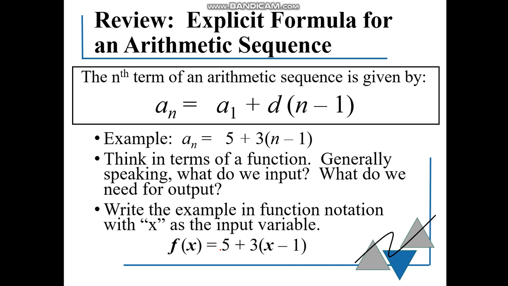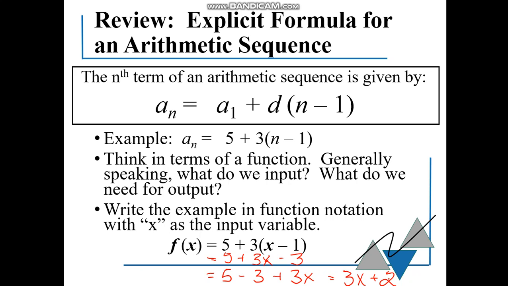If I want to get rid of the parentheses, I'm going to use my distributive rule, and I'll have 5 plus 3x minus 3. Then I can combine like terms: 5 minus 3 is 2. If I rearrange this a little bit, I've got 3x plus 2.